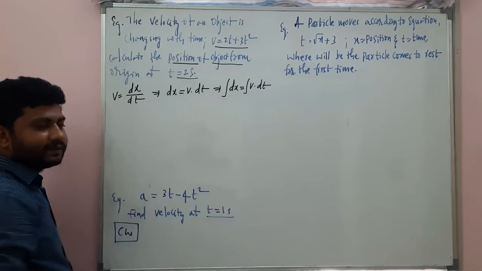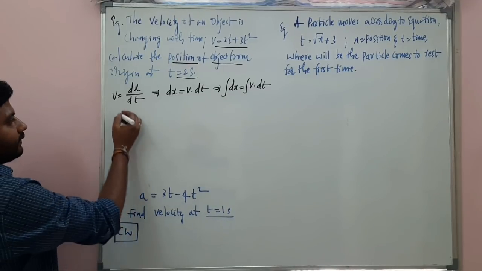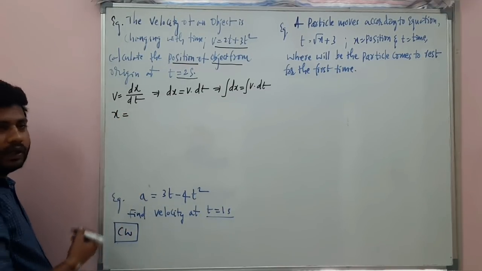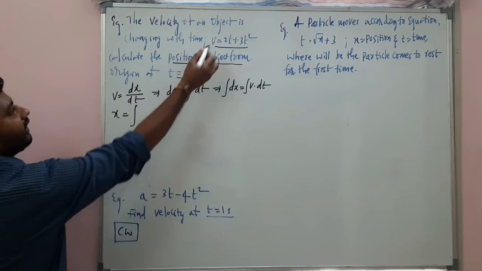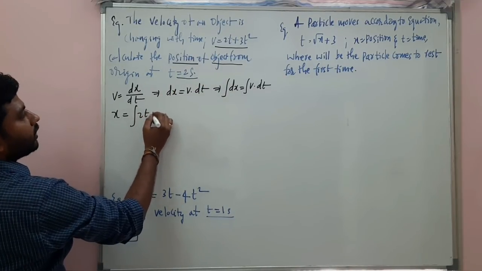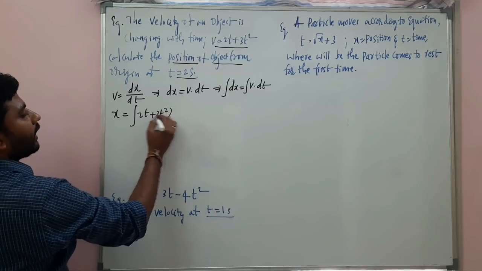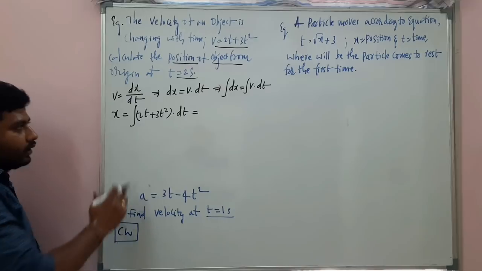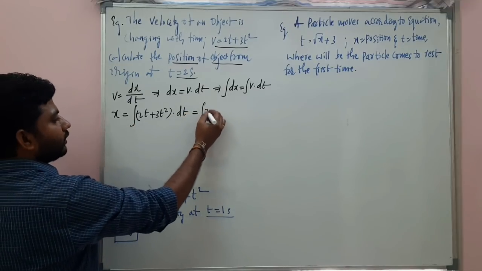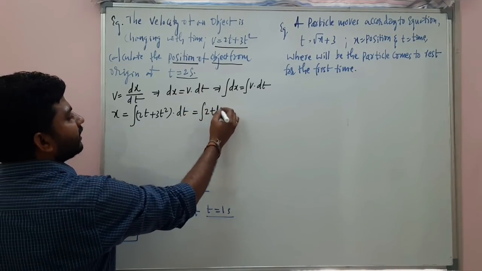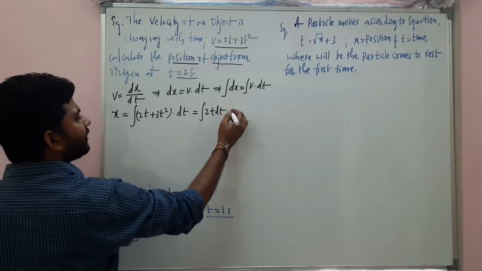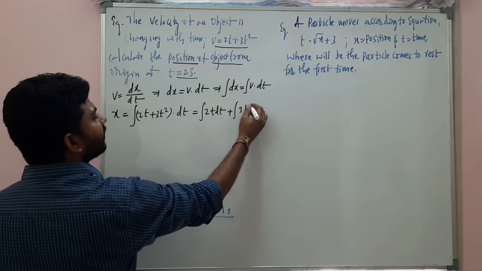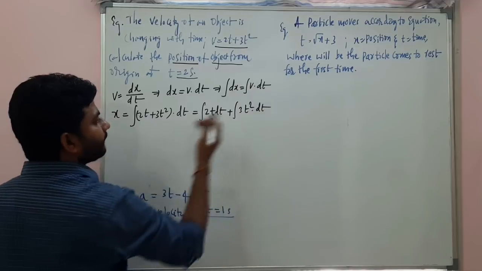Integral dx is x, which is equal to integral v dt. Integral of v, which is 2t plus 3t square, into dt, is equal to integral 2t dt plus integral 3t square dt.